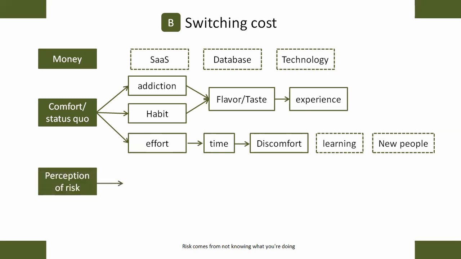And third is perception of risk. So if there is an uncertainty in terms of if you change the product or service, and there is an uncertainty whether it will work or not, and it can generate fear or fear of regret, then it becomes a resistance to switching.